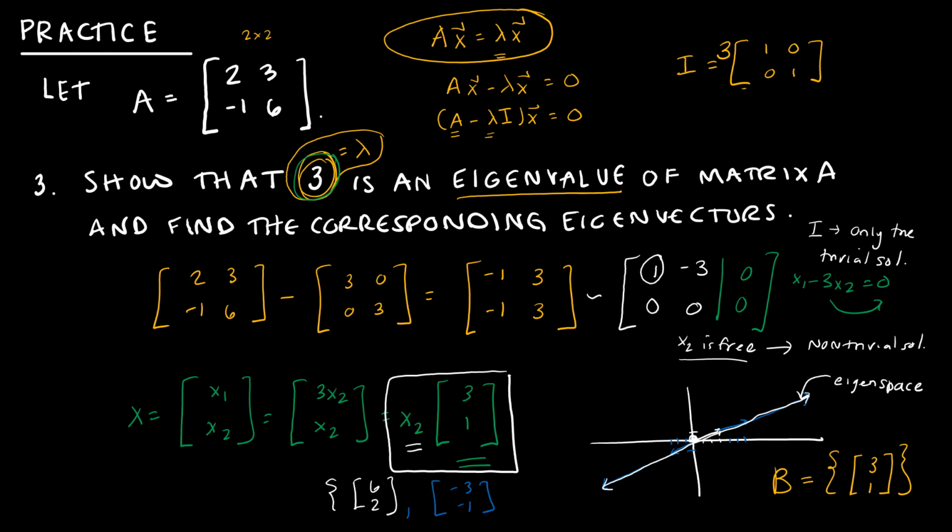And if you'll notice, I have one vector for a 2 by 2, and it makes perfect sense for that because I have a free variable. So it wouldn't make sense to have 2 vectors in a 2 by 2 matrix unless I was having only the trivial solution, which would mean it wouldn't work anyway. So you should always have one fewer.